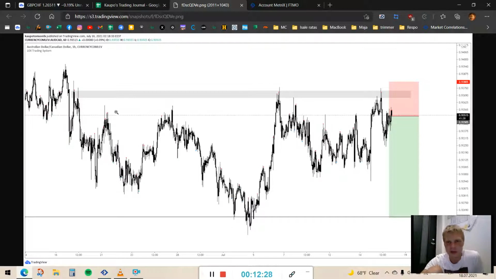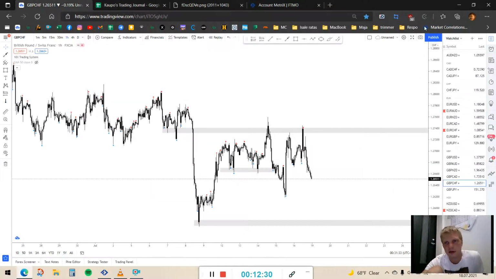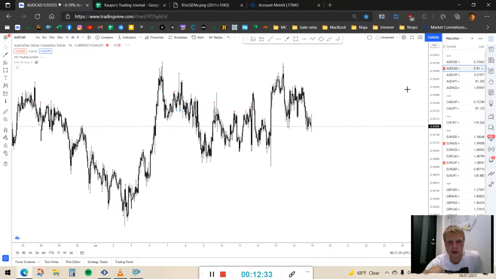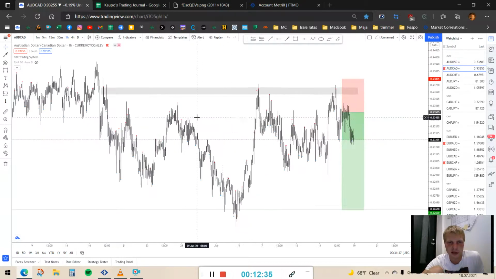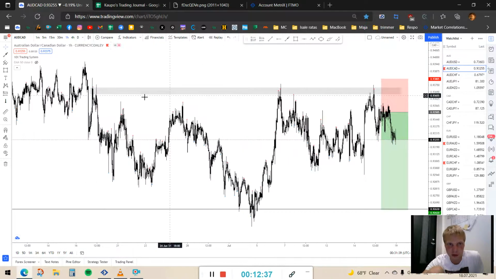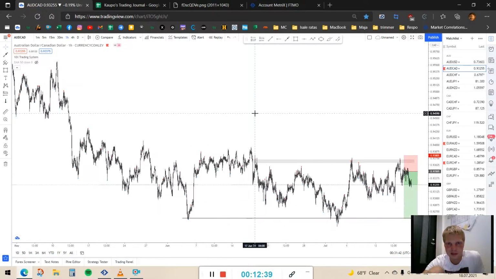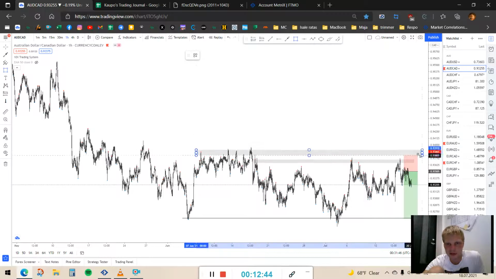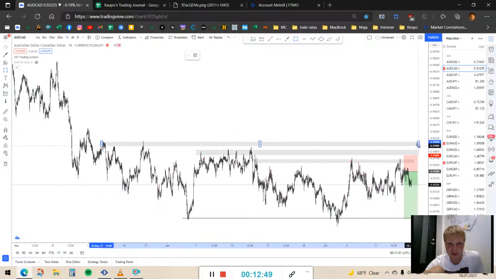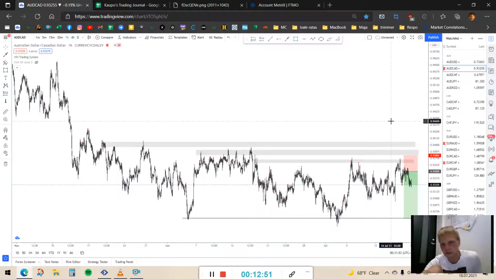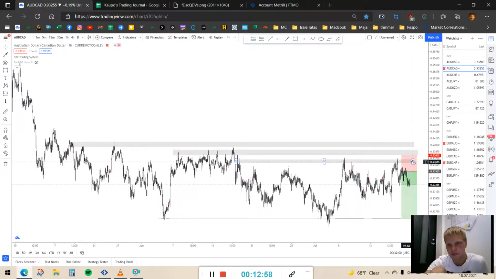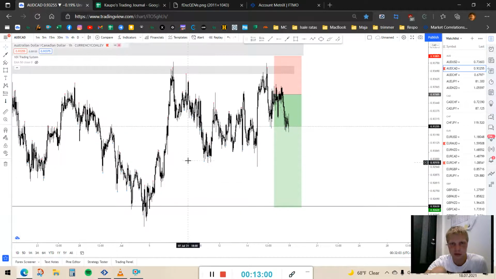This trade, I mean, yes and no. It's a clear zone, but it's kind of a funky zone, because maybe this could be the zone, or maybe this could be the real zone. So I don't know, it's 50-50. It's a clear zone, but right now it seems like it's working out. We'll see.